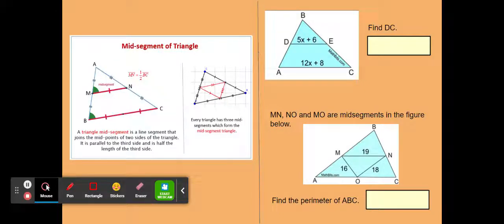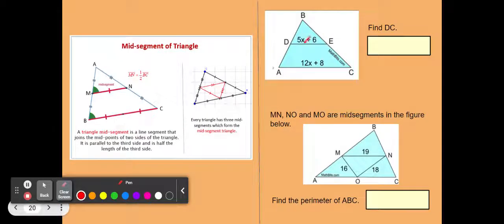So let's look at the top one here. We have triangle BAC. D and E are midpoints, and they create a mid-segment.